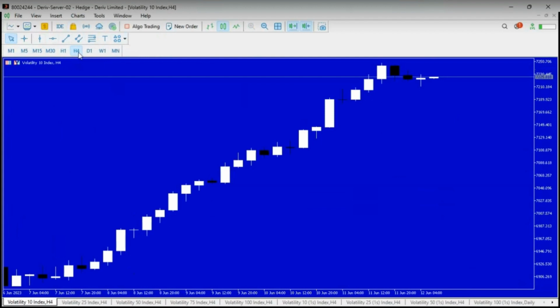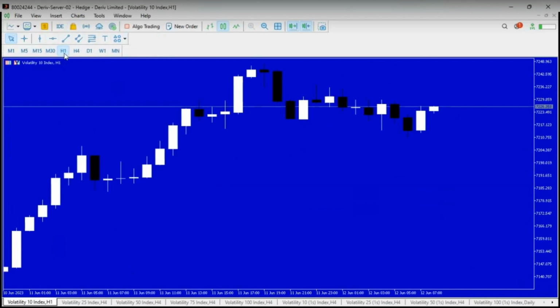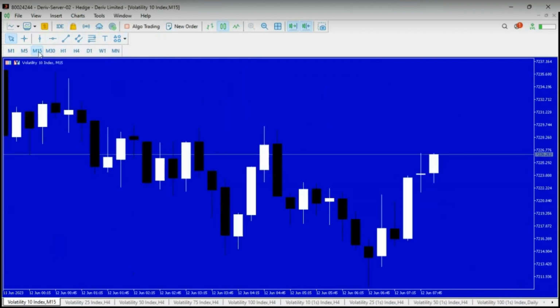Okay. Now, when that time comes, when the current candlestick closes at 2 p.m., we're going to have to check our H1 to see if all is well. And then we're going to check again on our M15 to check if all is well.